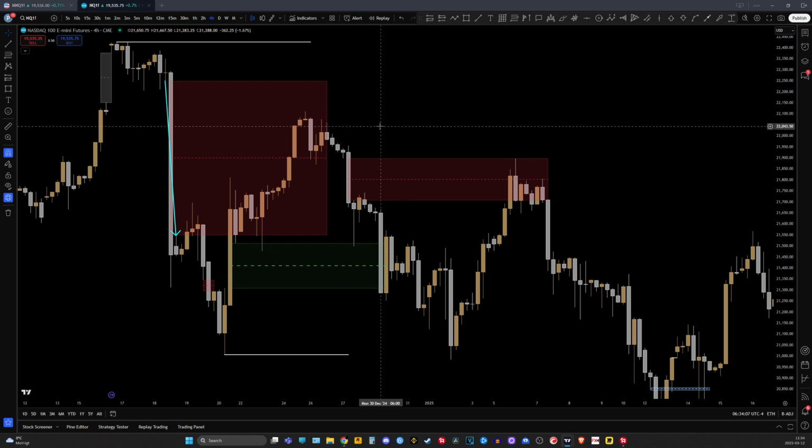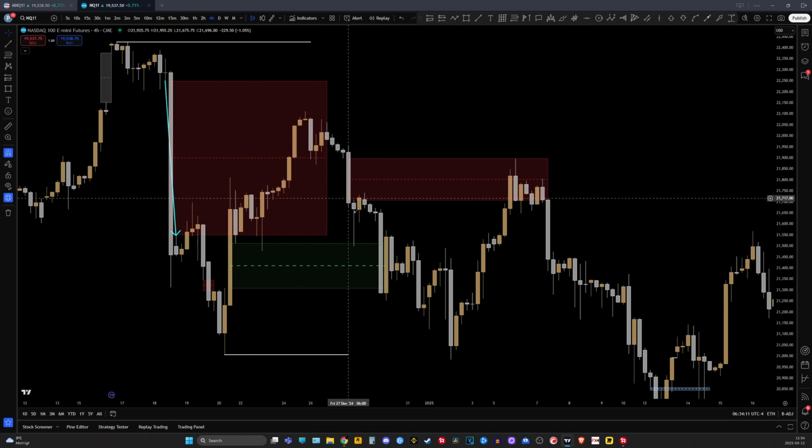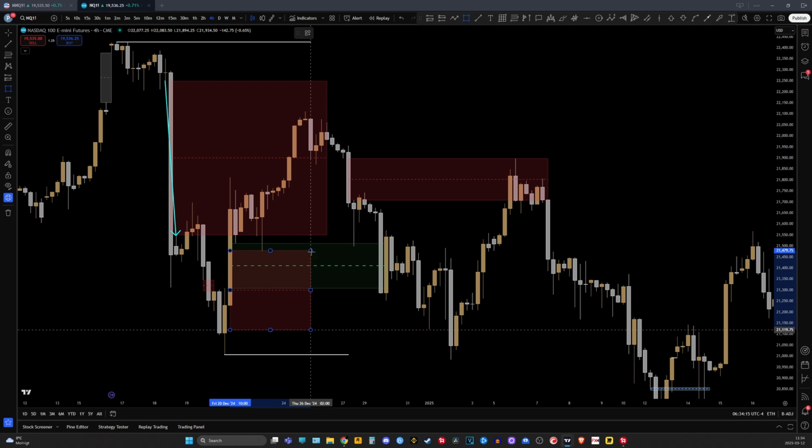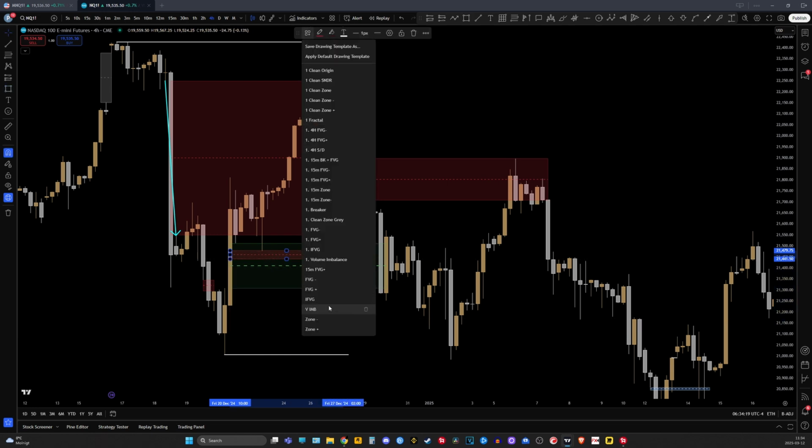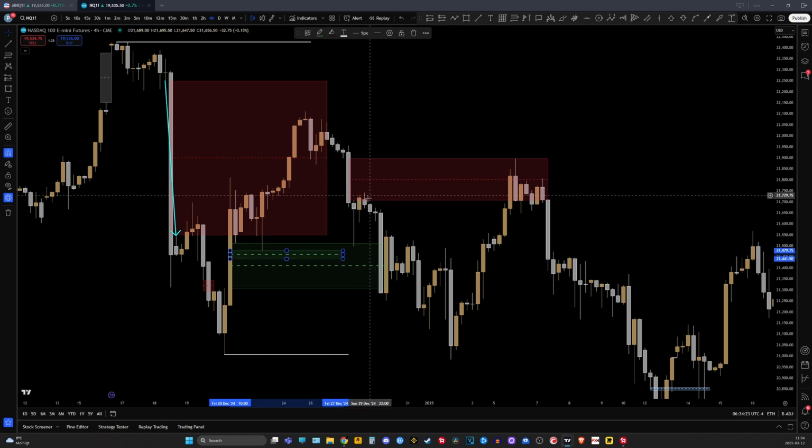And obviously within those charts, there are also going to be fair value gaps within these fair value gaps, right? So you're going to get fair value gaps within fair value gaps. And let's say this is a 15-minute fair value gap, we can use that to refine our entry to get a better entry than using this entire big area here.